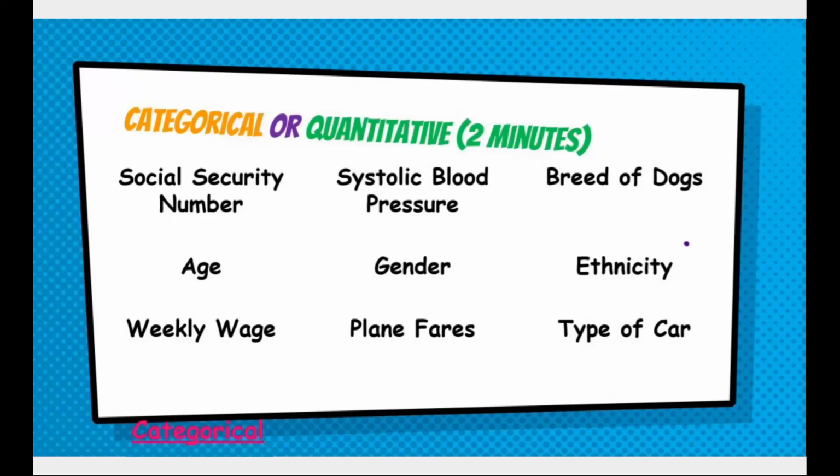So we're going to look at this example, categorical or quantitative. If you're doing this in class, I would want you to write which one of these things is what. Even though Social Security number, which I have first, is an actual number, it defines you. It's basically another way to say your name. That number is assigned directly to you, so that would be considered categorical. Blood pressure is going to be quantitative.